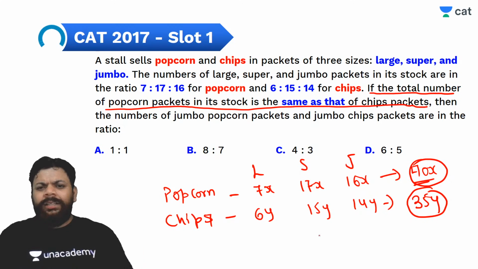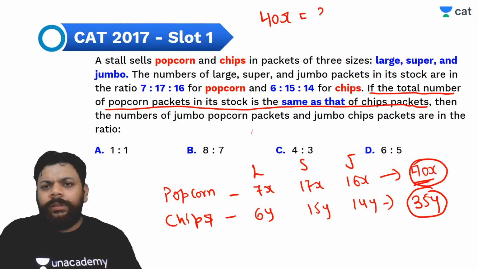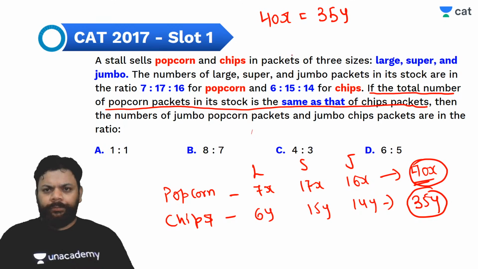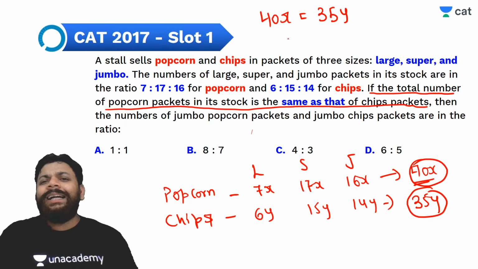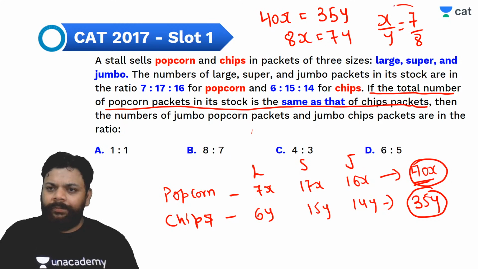That's correct. It is given that 40x will be equivalent to 35y. So can I say that 8x will be equivalent to 7y, or I can say that x by y will be 7 is to 8.